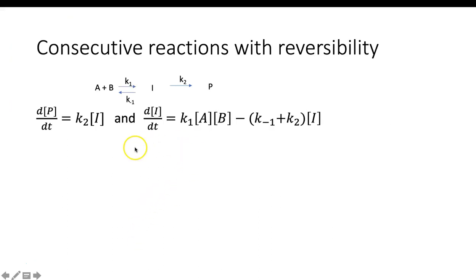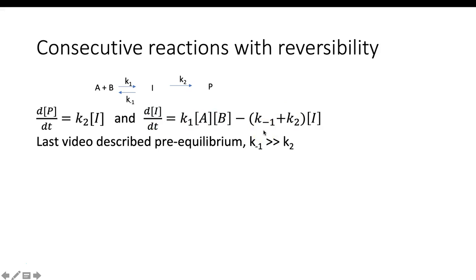So recall from the last video, we ended with this idea of this mechanism of consecutive reactions where you have reversibility in the first step. And we had A plus B giving us some intermediate. And then we had set up our rate of appearance of product and intermediate as such.